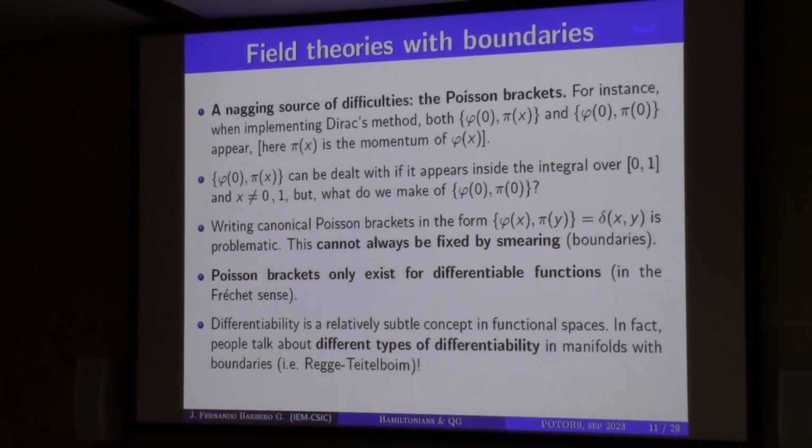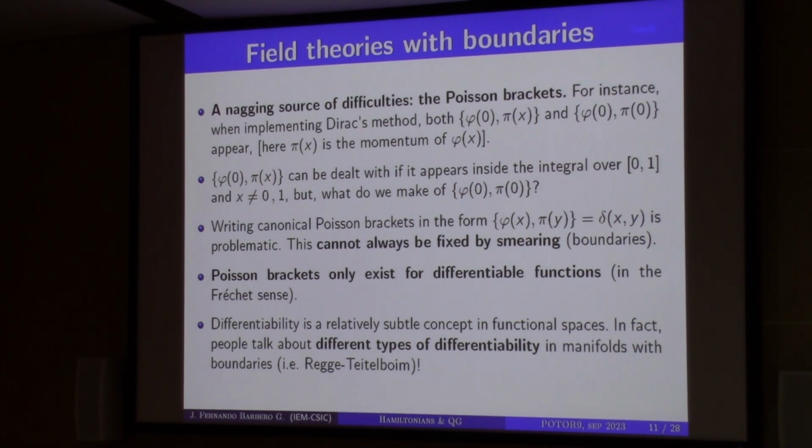So even, I mean, if you take this as delta of x0, it's sort of okay. But then in the same formulas, you also get objects such as this. And this is really a problem, because if you write the Poisson brackets like this, these are not defined if x is equal to 1.